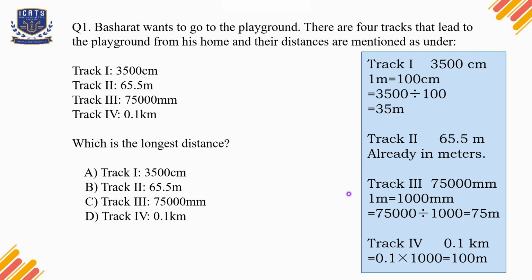But here we are going to convert a bigger unit into a smaller one, so we always multiply in that case. So we will multiply 0.1 by thousand, which is equal to 100 meters. So we will select option D here. The longest distance is of track 4, that is 0.1 kilometer or 100 meters.